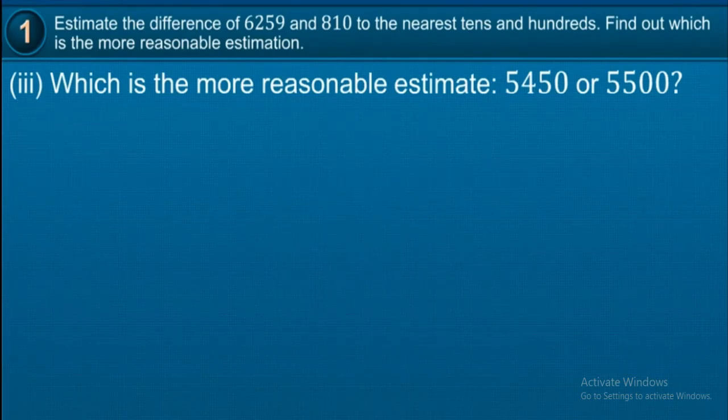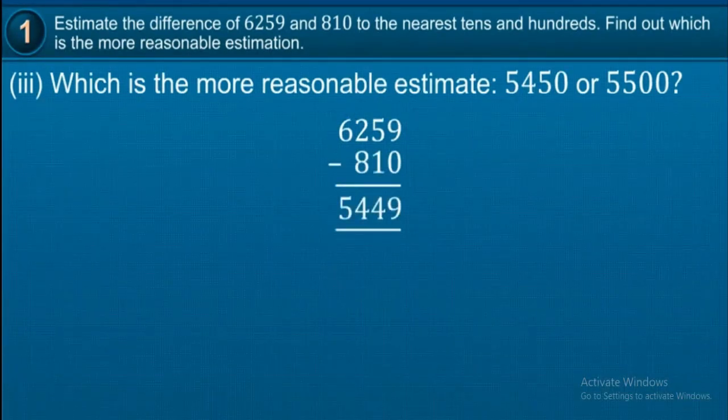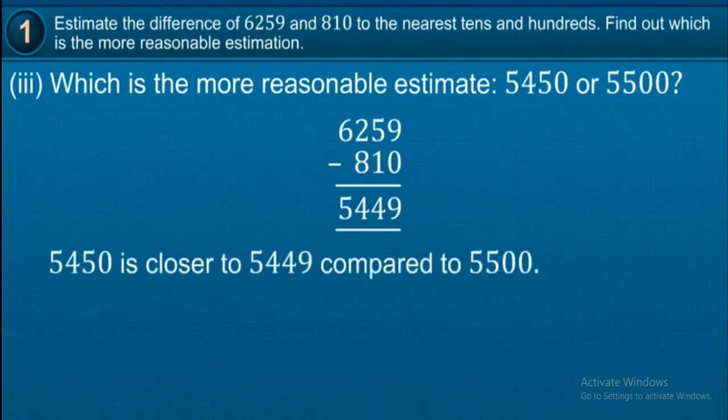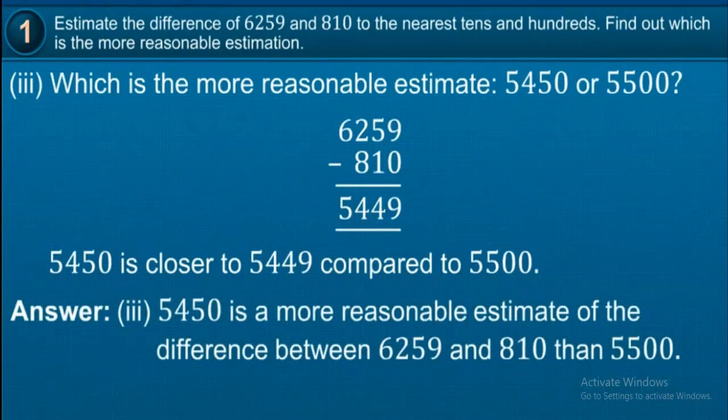The actual difference between 6,259 and 810 is 5,449. 5,450 is closer to 5,449 compared to 5,500. 5,450 is a more reasonable estimate of the difference between 6,259 and 810 than 5,500.